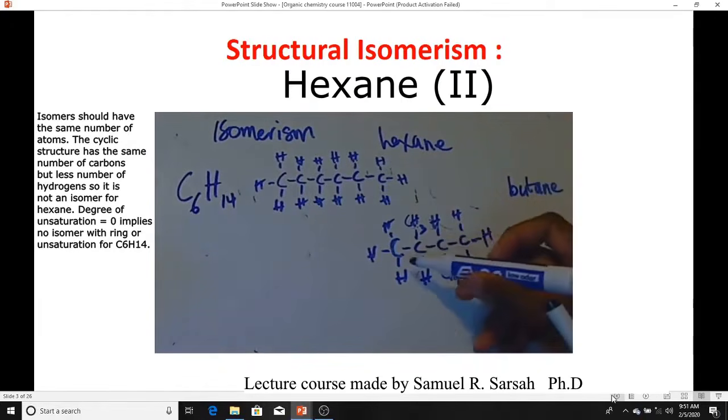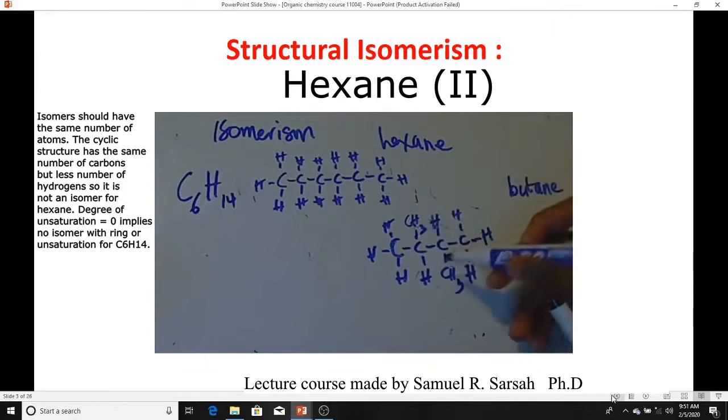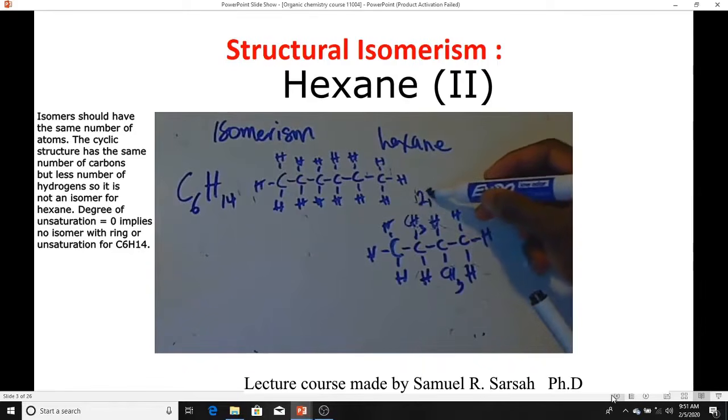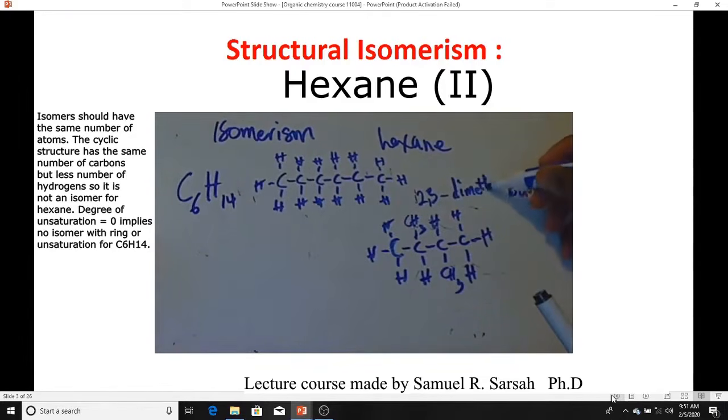However, carbon number 2 is bearing a methyl group, and carbon number 3 is bearing a methyl group. So to write the name, you can write 2,3-dimethylbutane, and this is a structural isomer of hexane, with different density and other differences in physical properties from hexane.